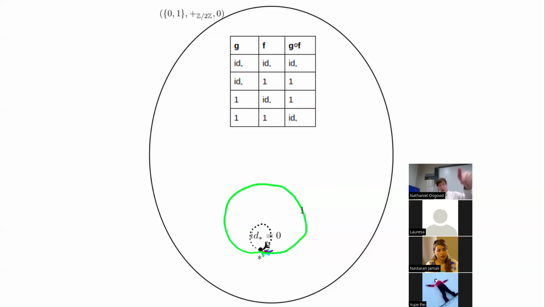And then we need a 1 and a 2, just like Nastran said. 1 plus 0 would be 1. 1 plus 1 would be 2. 2 plus 1 would be 0. 2 plus 2 would be 1. Do you get that? It would encode ternary arithmetic, mod 3.